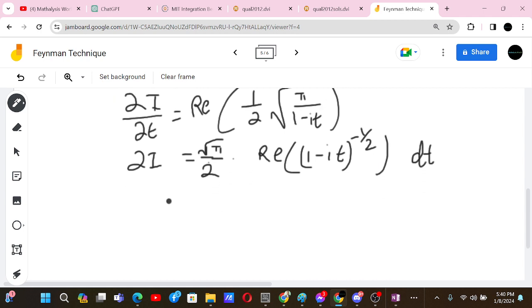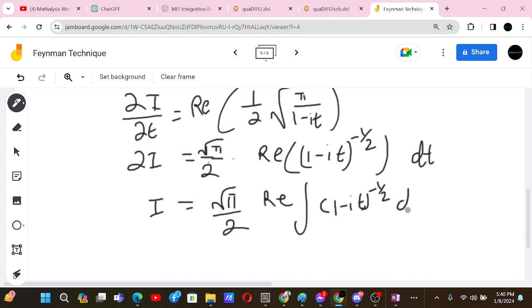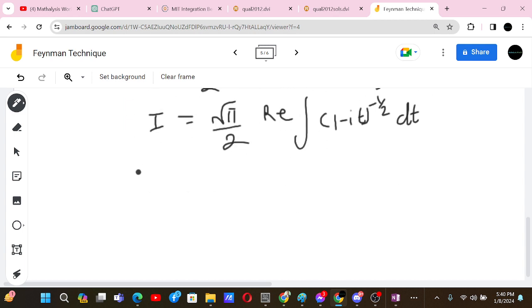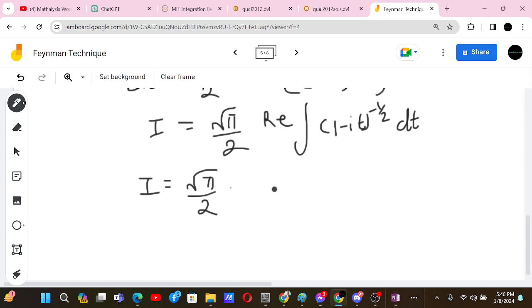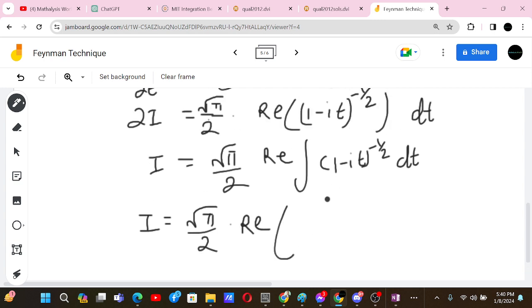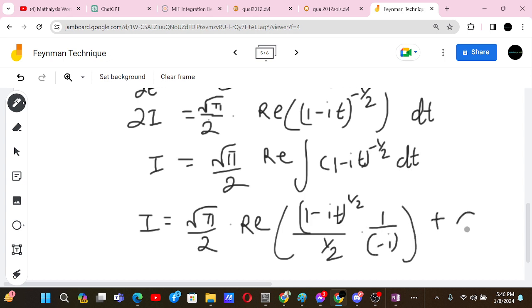Now we can integrate this. If we integrate, we'll have I equals root pi by 2, and the integral can be taken into the real part, so the integral of 1 minus it to the power minus 1 by 2 dt. Then I equals root pi by 2 times the real part of 1 minus it to the power 1 by 2 by 1 by 2, times 1 by minus i, plus c.